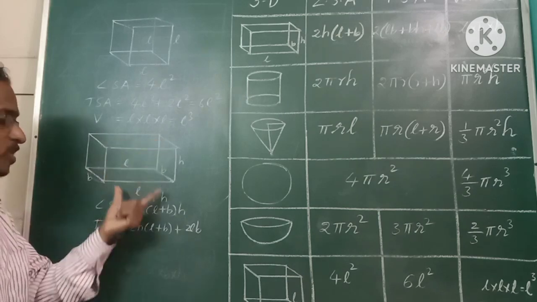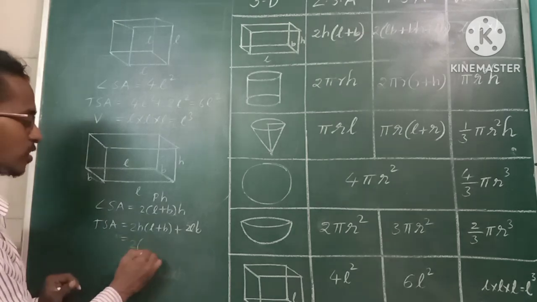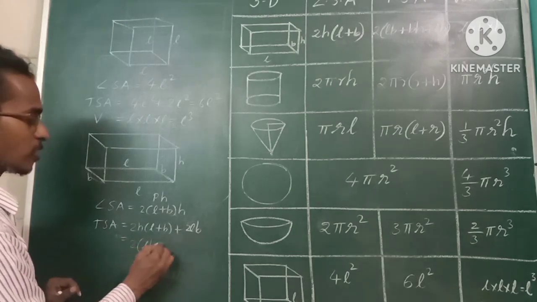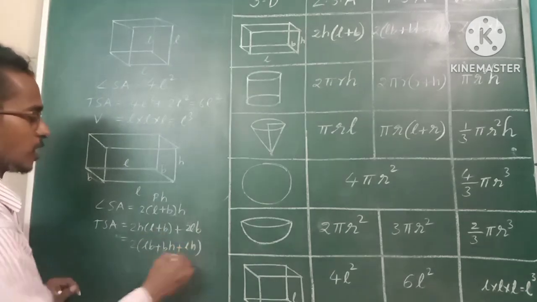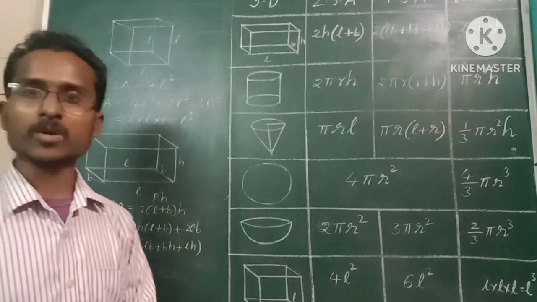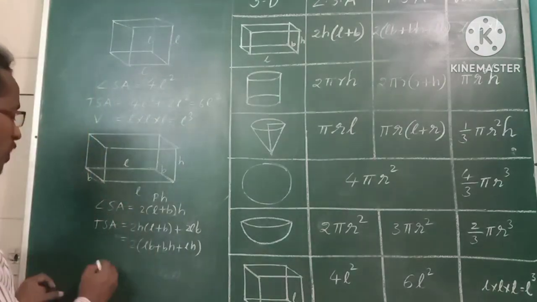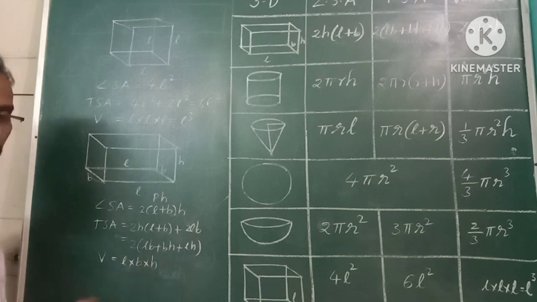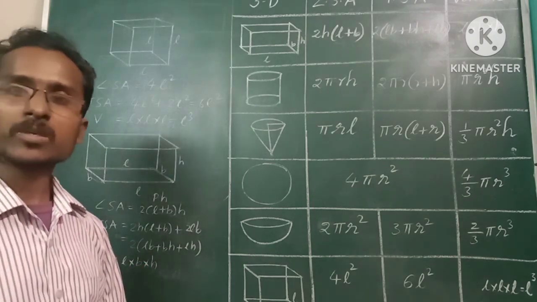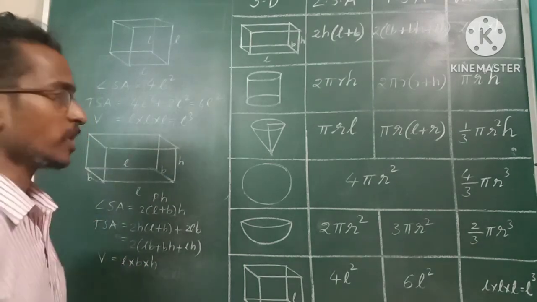Now, 2 is common, so 2(LB plus BH plus LH) is the total surface area of a cuboid. What is the volume of a cuboid? Length into breadth into height. The product of three dimensions is the volume of a cuboid.